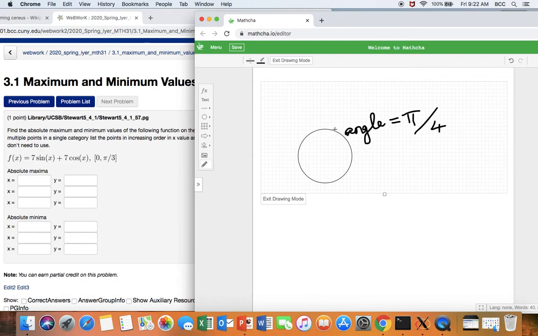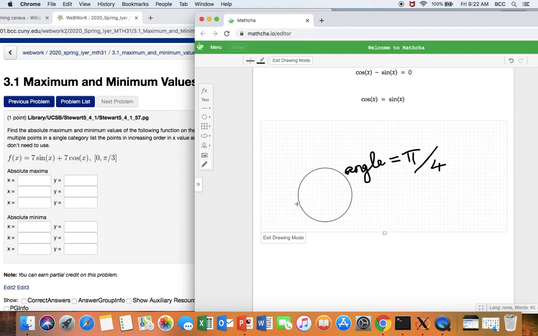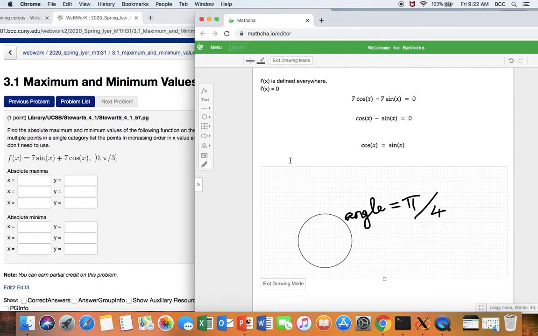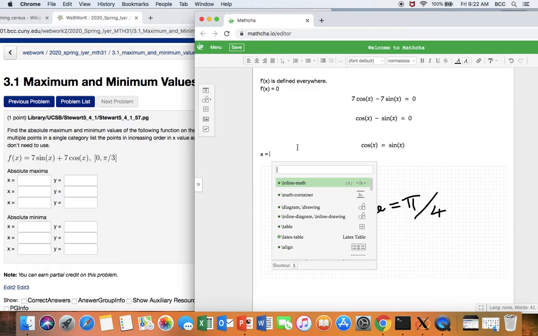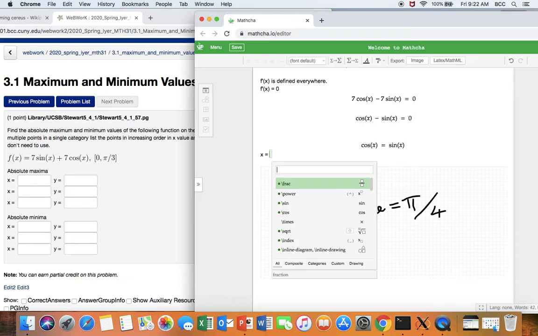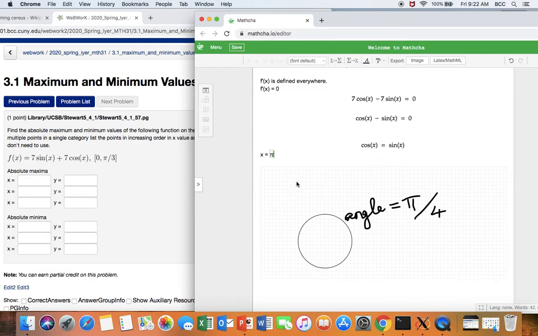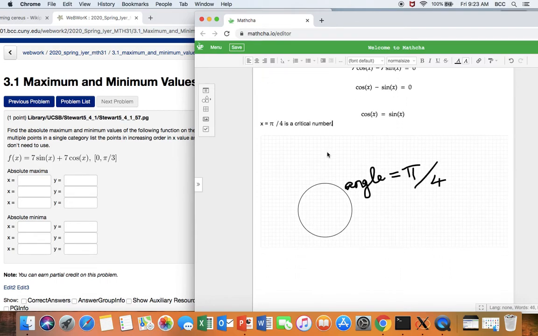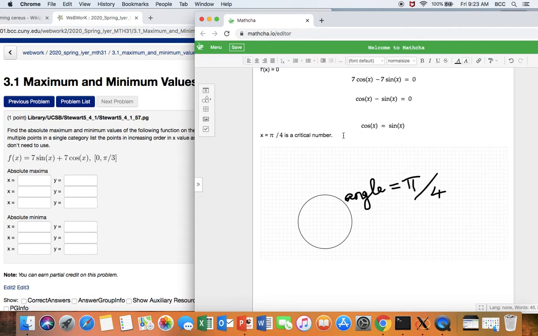Pi over 3 means 60 degrees, and 0 is over here. So pi over 4 is where you get sine x equals cosine x. That tells me x equals pi over 4 is a critical number. Is this clear? That's the only critical number we have in this range, 0 to pi over 3.